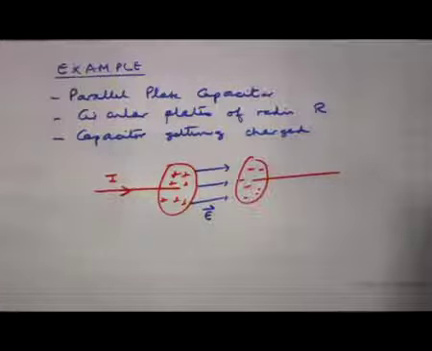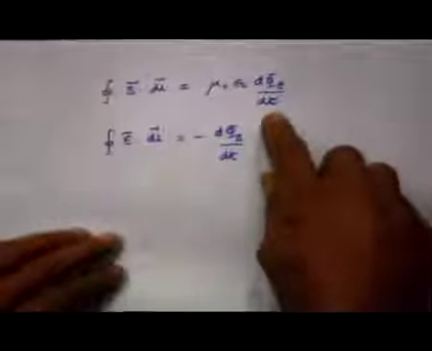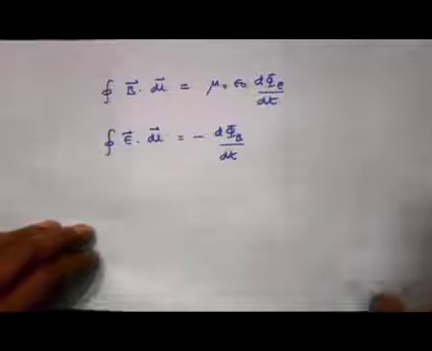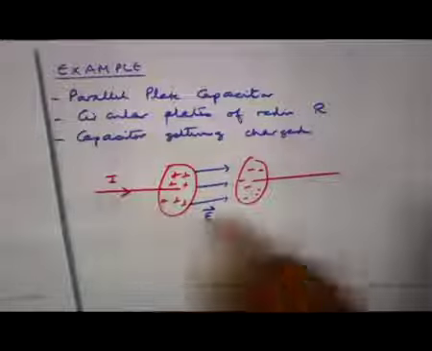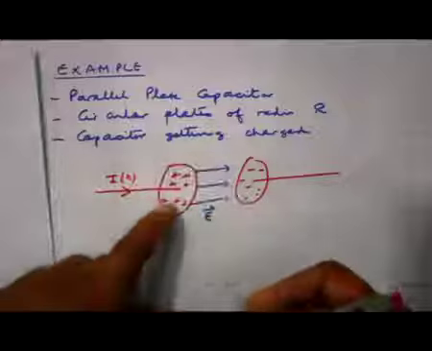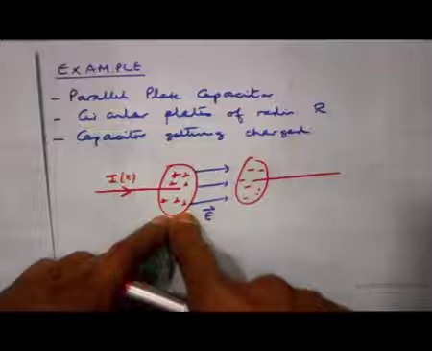Now, I want to calculate. This equation tells me that the changing electric flux generates a magnetic field. According to this equation, when I am charging the capacitor, the charge on the capacitor varies with time, sigma varies with time.